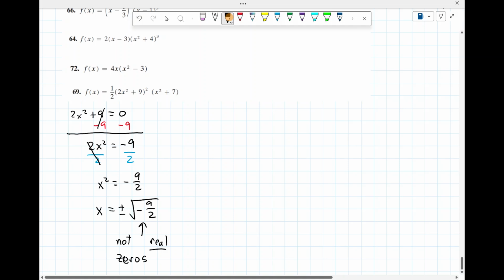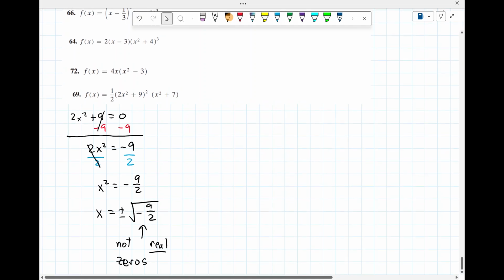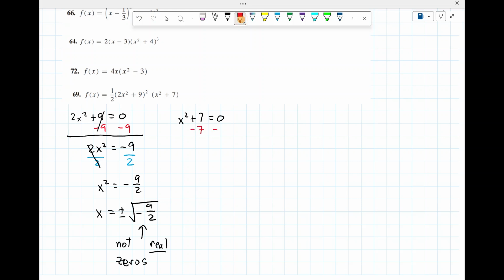All right, so let's go to the next factor. x squared plus 7 is equal to 0. If x squared plus 7 is equal to 0, then that means f of x will be equal to 0. So again, we're going to solve. x squared equals negative 7, and I take the square root.